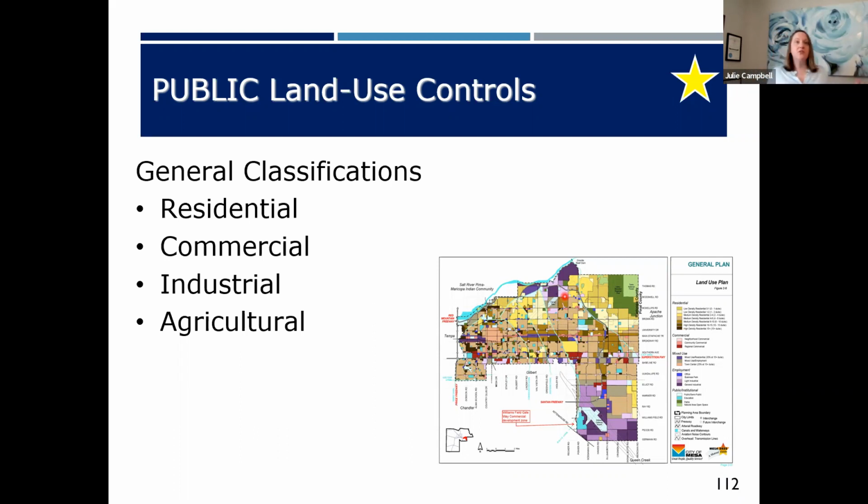Commercial might be zoned for retail. It might be zoned for office space, an office park. So each classification usually has subclassifications. And mixed zoning is not uncommon these days, residential and commercial, for example.